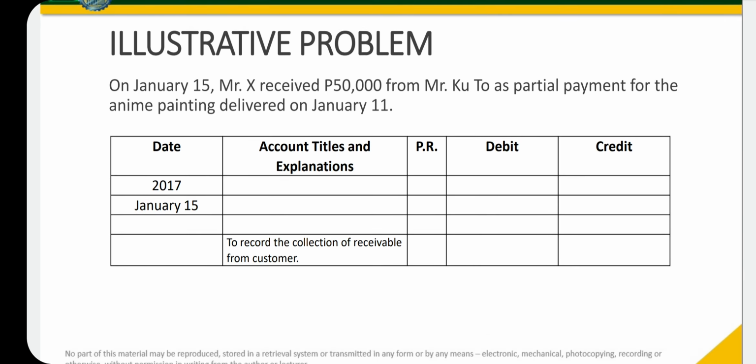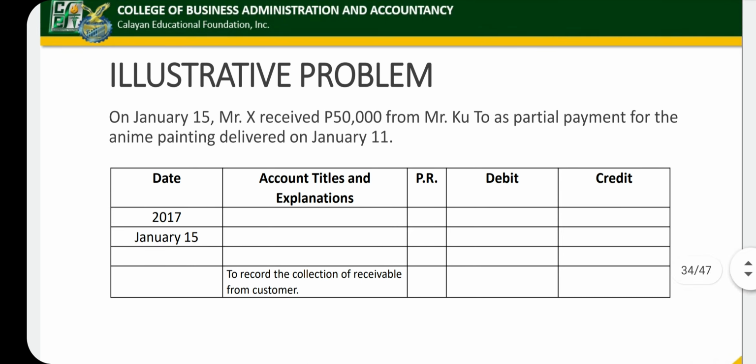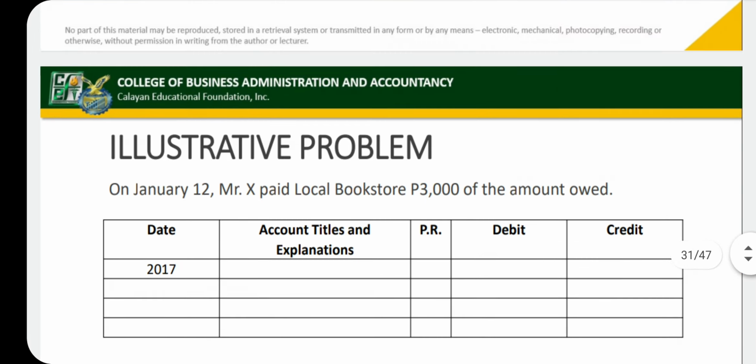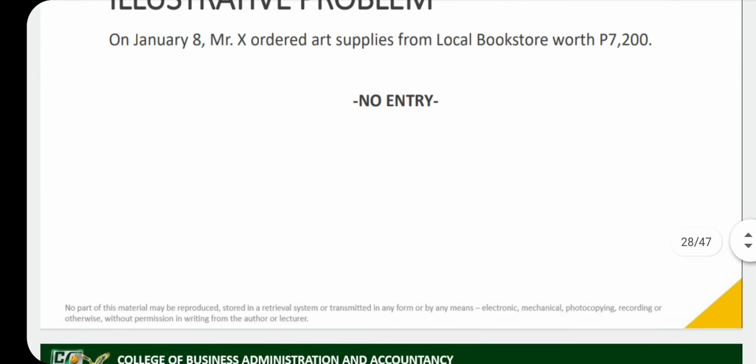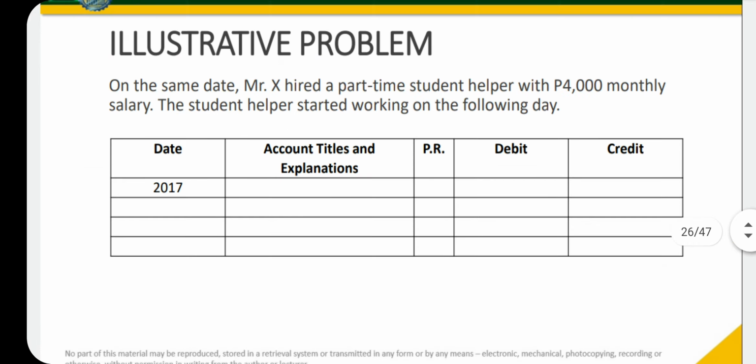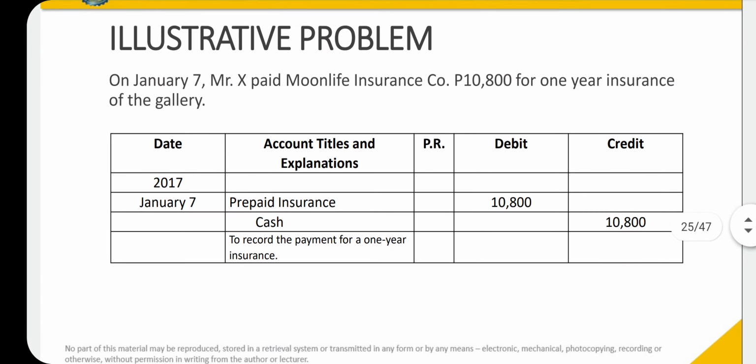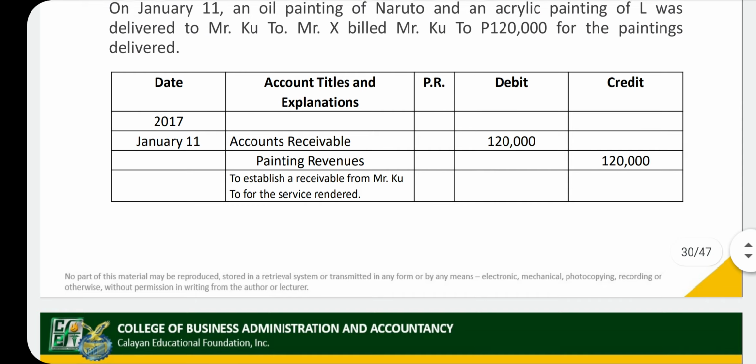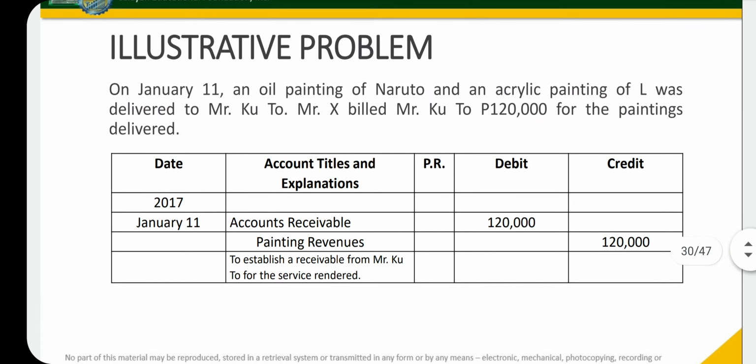Next transaction, on January 15, Mr. X received 50,000 from Mr. Kuto as partial payment for the anime painting delivered on January 11. In the previous transaction on January 11, we recorded an accounts receivable from Mr. Kuto.